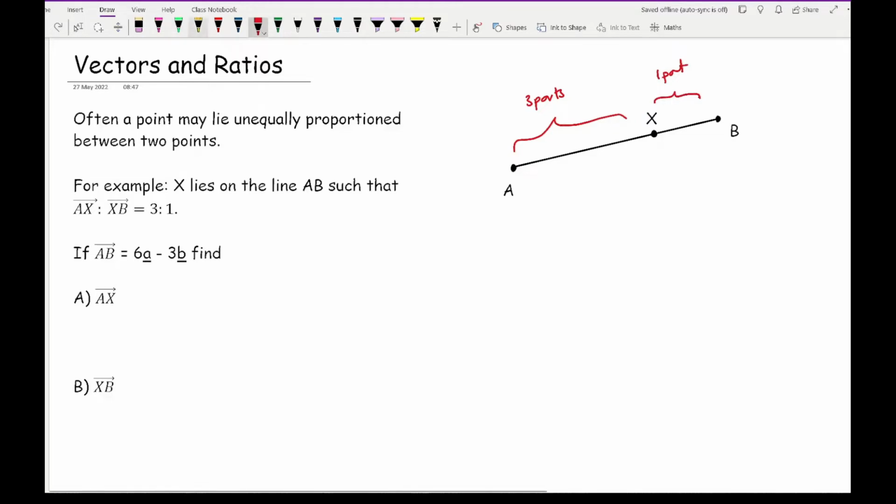So let's have a look at working this out now. From the information that's been given here, I know that this distance going in this direction of A to B is a vector of 6a minus 3b. So this here is my total amount, which would be the equivalent of your £40.